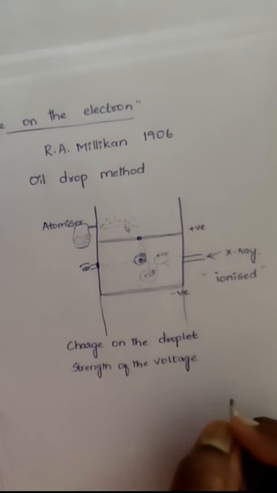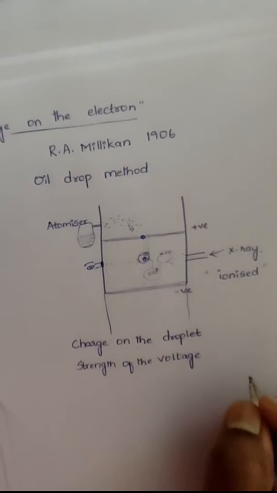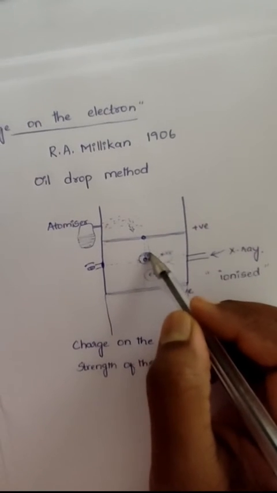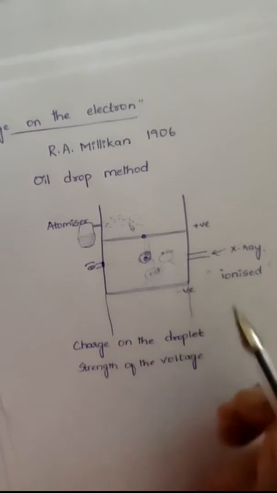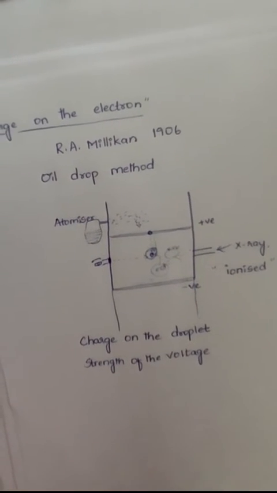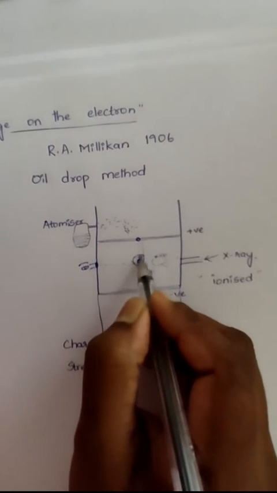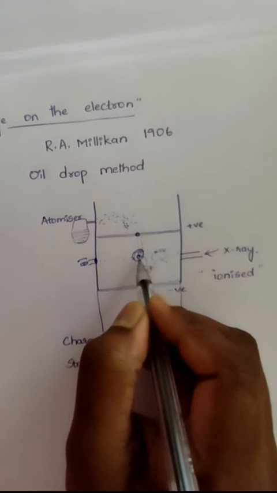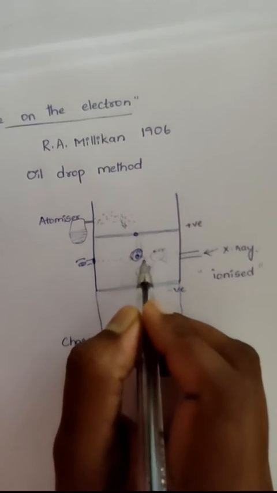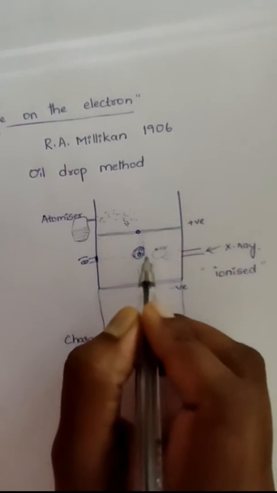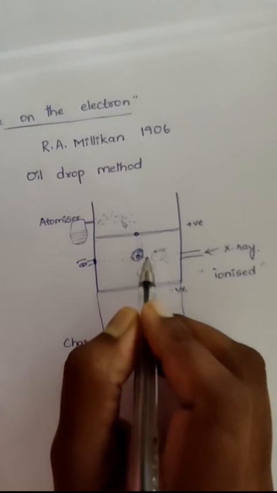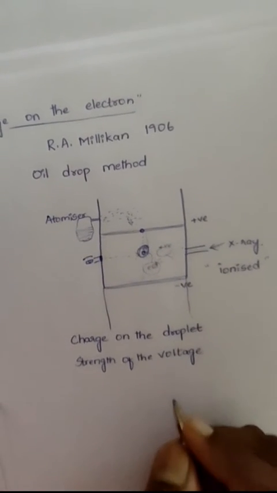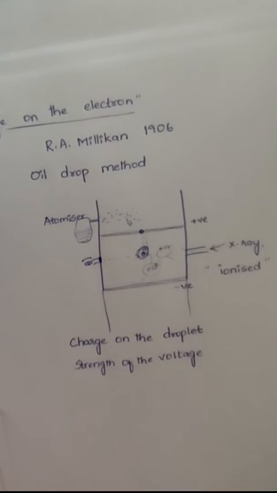By carefully measuring the effects of electric field strength on the motion of oil droplets, Millikan concluded that the magnitude of electric charge, that is the negative charge present on the oil droplet due to the electrons on the oil droplets, is always an integral multiple of one whole number.